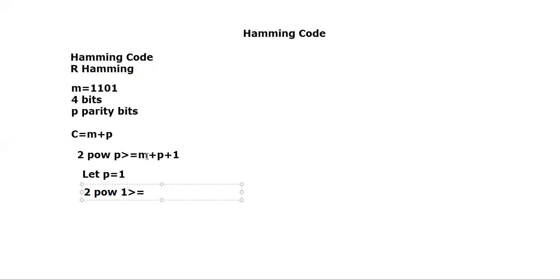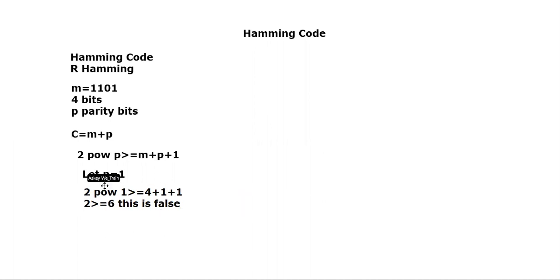We already know the message m is 4 bits and p is 1, so 4 plus 1 plus 1. 2 to the power of 1 is 2, which should be greater than or equal to 4 plus 1 plus 1, which is 6. So this is false, and p cannot be 1.